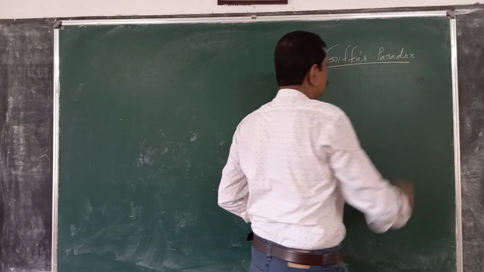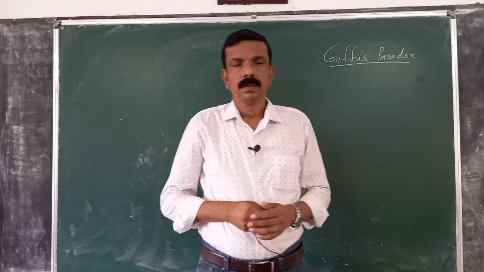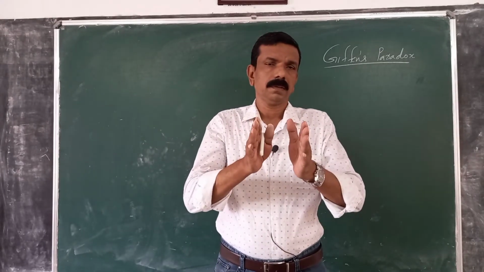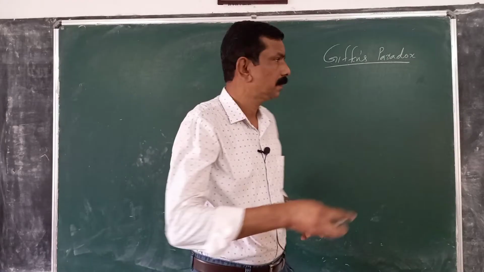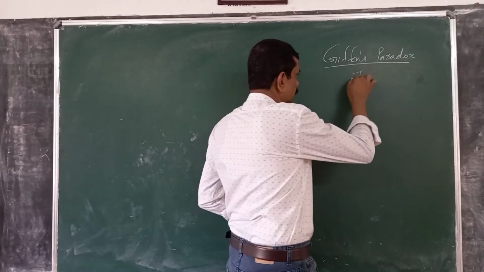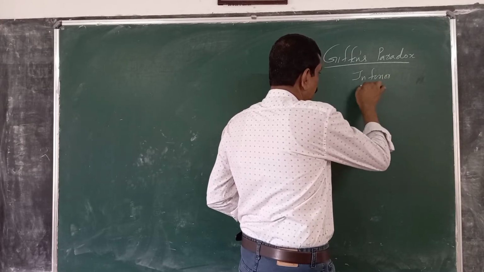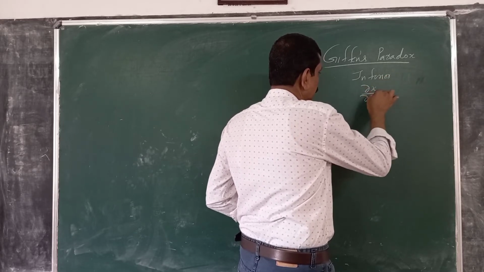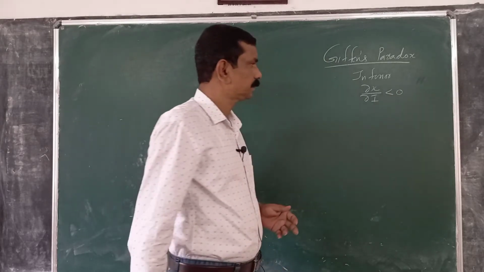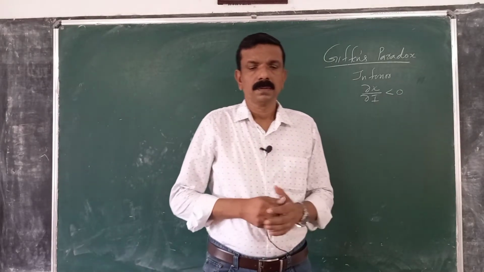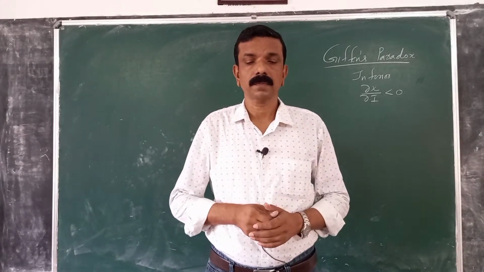If X is an inferior good, ∂X/∂I is less than 0.